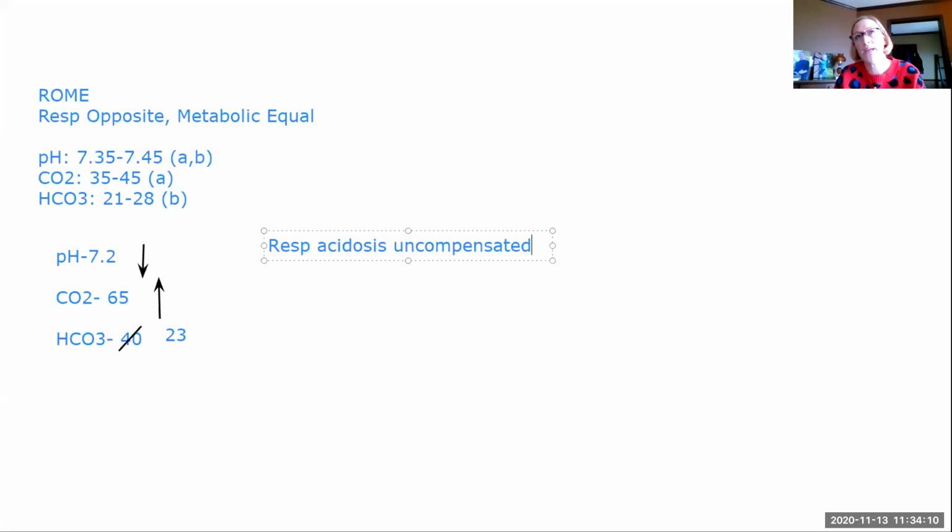Your PO2 is your oxygen level, which we obviously want to know, but the base excess helps determine the degree of acidosis more so. So that's not a part of any of this. It's just a part of ABGs in general, but we don't look at it to determine this. On the worksheet, you can ignore that part. Thank you.